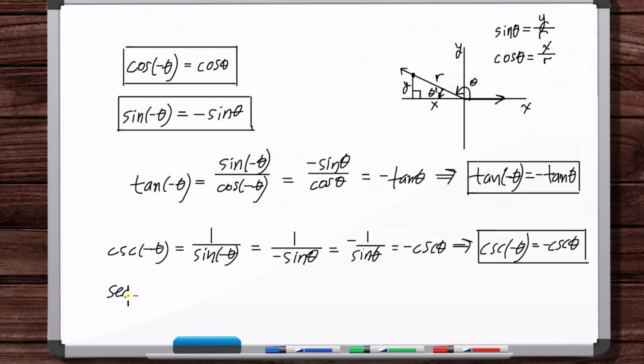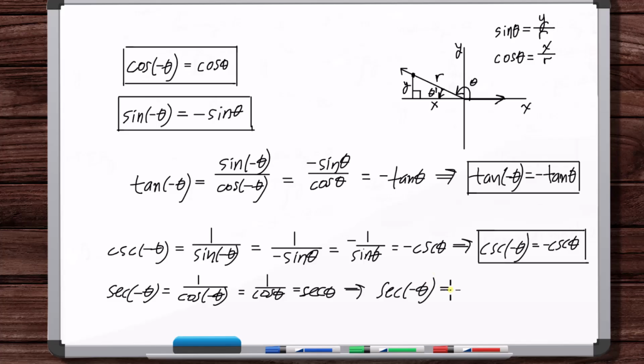Secant of minus theta: the reciprocal identity for secant theta is 1 over cosine theta, so this is 1 over cosine of minus theta. Cosine of minus theta is just cosine theta. 1 over cosine theta is secant theta, so secant is an even function.